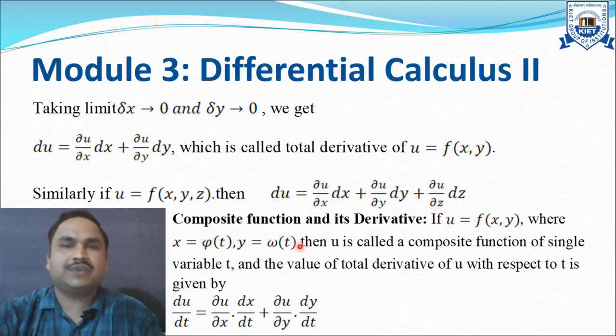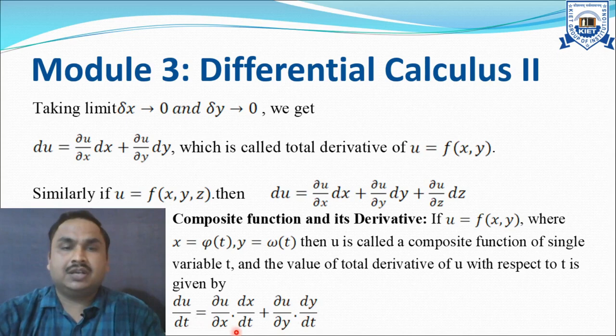Now composite function and its derivative. If u equals f(x,y), where x equals φ(t), y equals ω(t), then u is called a composite function of single variable t, and its total derivative is given by du/dt equals ∂u/∂x into dx/dt plus ∂u/∂y into dy/dt.